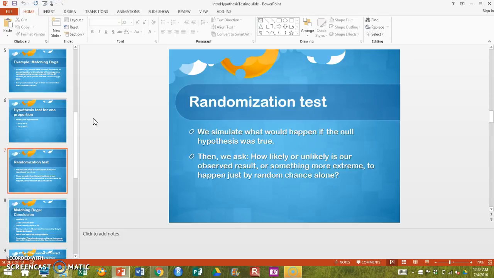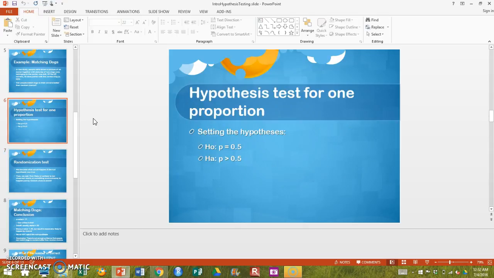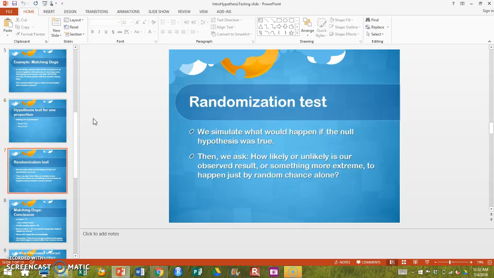And then we ask, given that we just simulated a world where 0.5 was the true proportion, how likely or unlikely is it for us to have obtained 16 out of 25, or a proportion of 0.625? If it's unlikely to obtain 16 out of 25 matched in a world where the probability is 0.5, then the probability is probably not 0.5.